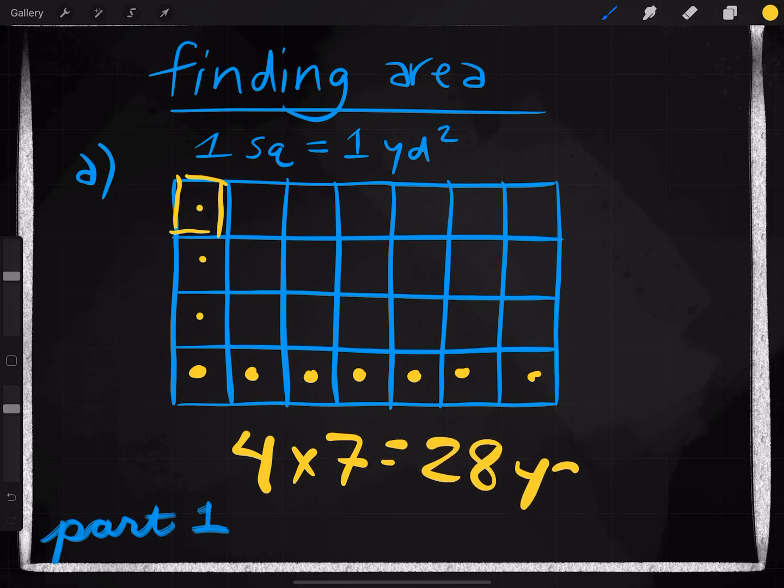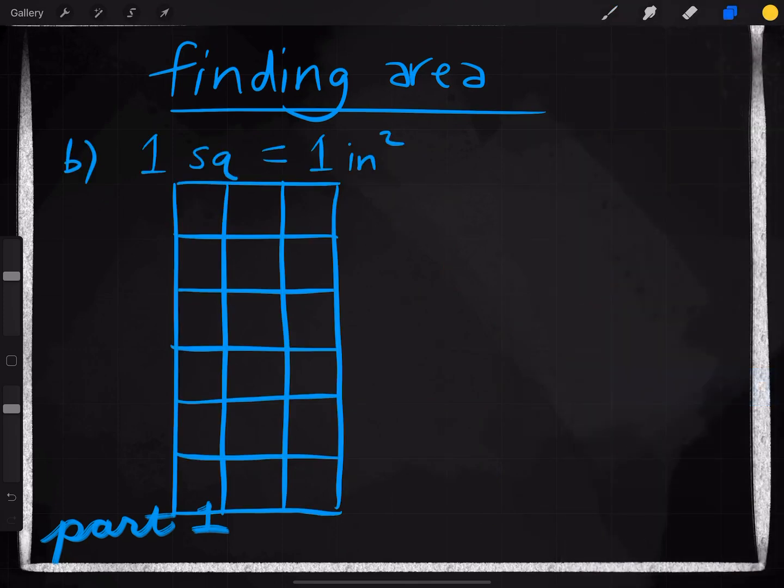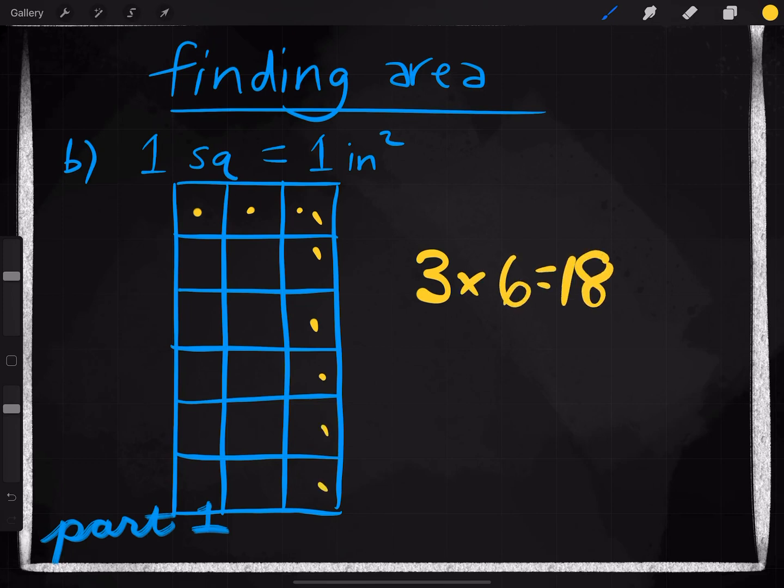We'll say yards squared because it told us these are yards. So here's our area. Part B, we would have 1, 2, 3, and then counting down 1, 2, 3, 4, 5, 6. 3 times 6 equals 18. This says square inches, so we'll write square inches. That's our area.